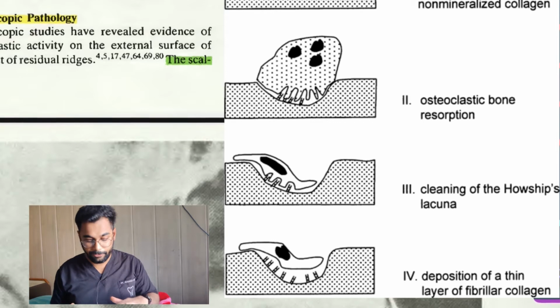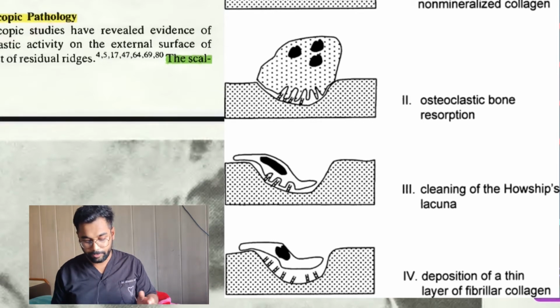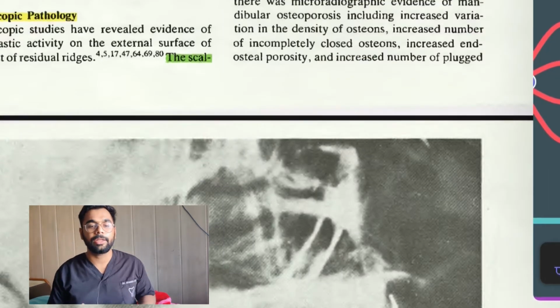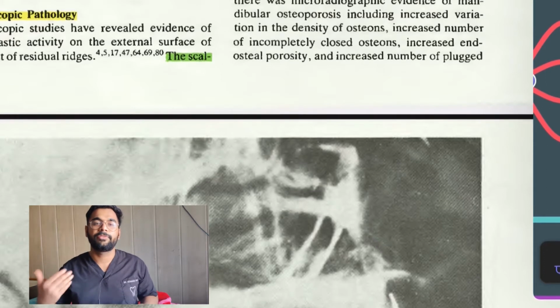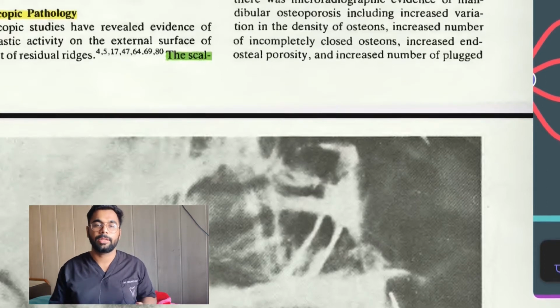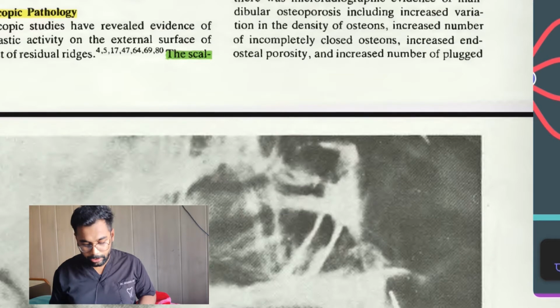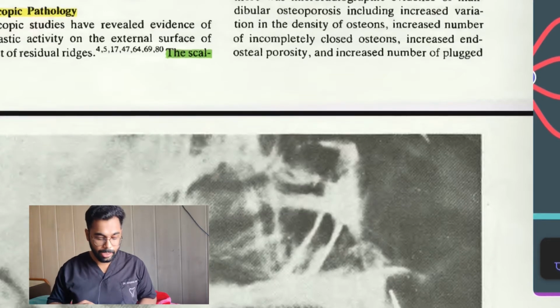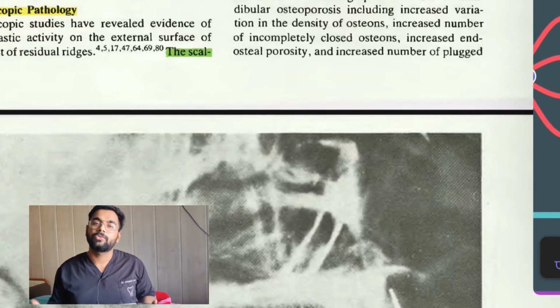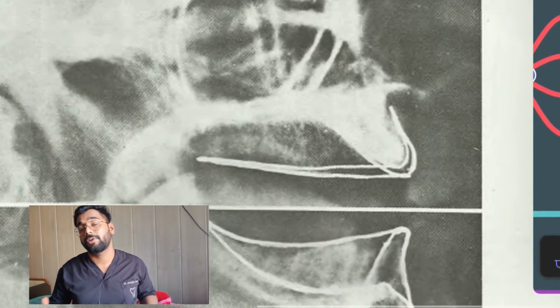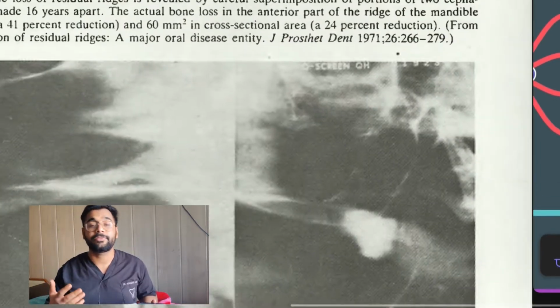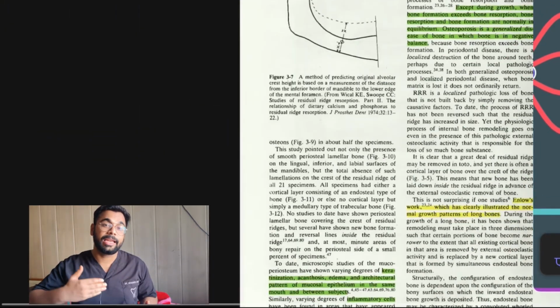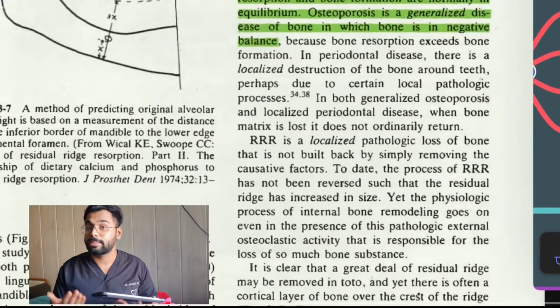Pathophysiology. So basically during this pathogenesis, what is normal physiology, what is going on actually during this RRR? See, of course we are talking about ridge resorption. When we talk about ridge resorption, something is increasing and something is decreasing. But what is that?